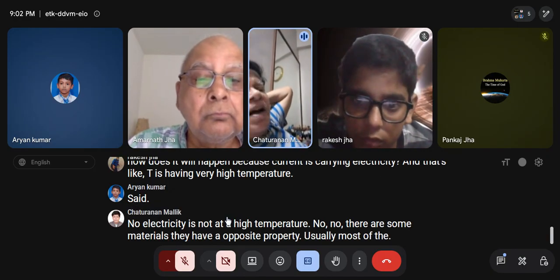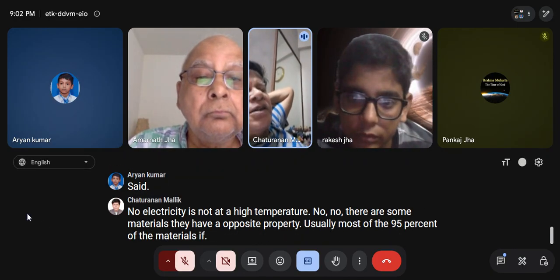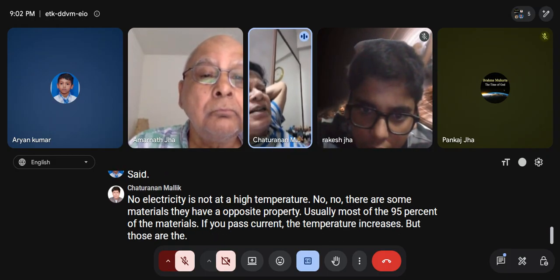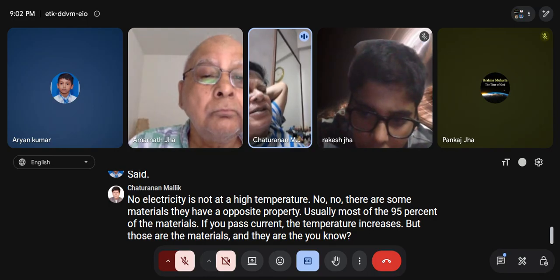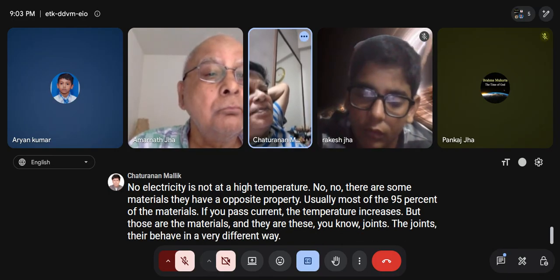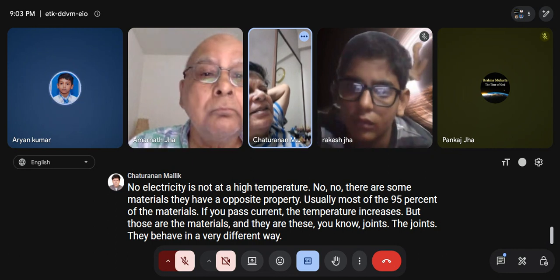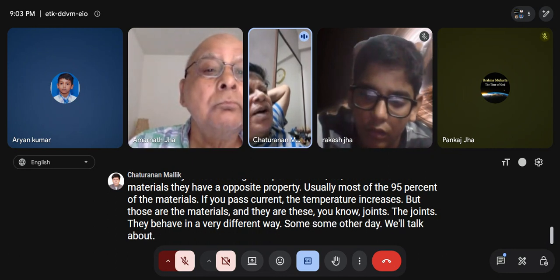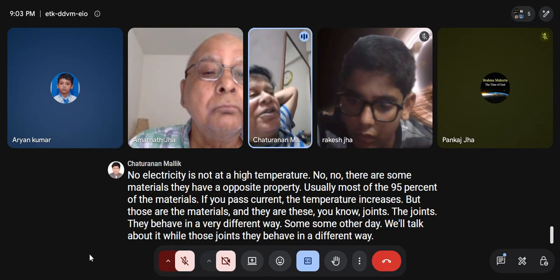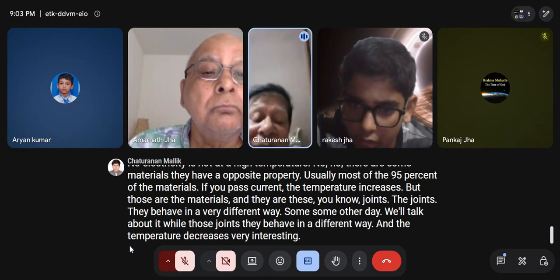Usually, for 95% of the materials, if you pass current, the temperature increases. But those are the materials, and they are the joints. Those joints, they behave in a very different way. Some other day we'll talk about why those joints behave in a different way, ओके, and the temperature decreases. Very interesting it is.